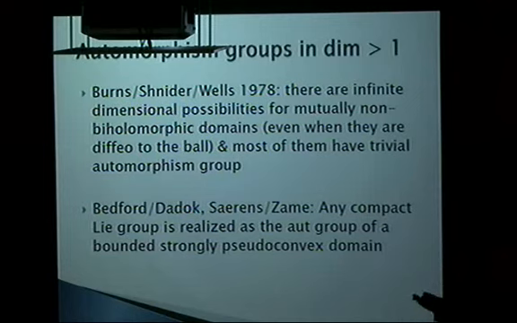I wrote two papers. Any compact Lie group is realized, meaning by Lie group isomorphism, as the automorphism group of a bounded strongly pseudo-convex domain. So if you think about it, there are many groups appearing, all compact subgroups, compact Lie groups appear as automorphism groups.